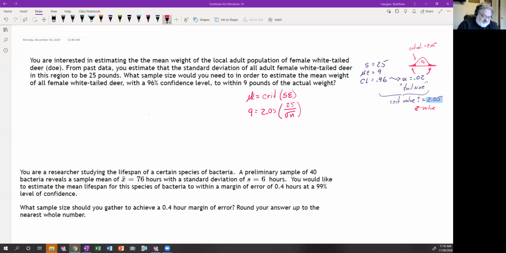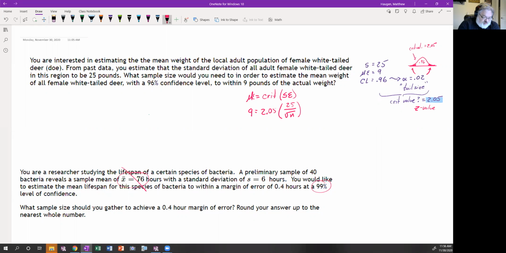You know, the confidence level is higher here. This 76, we really don't need. And again, just like the one above, we'd like to use t-scores, but we don't know what sample size we're looking for.